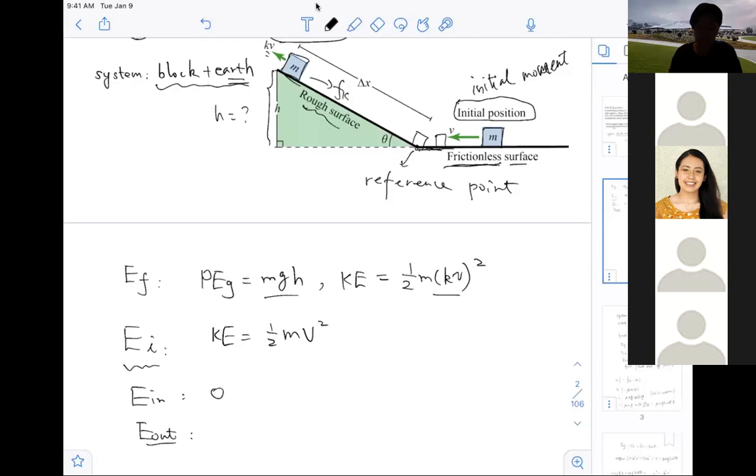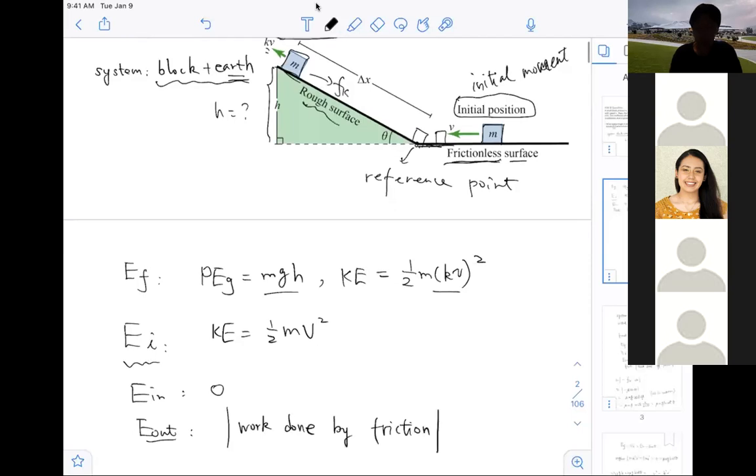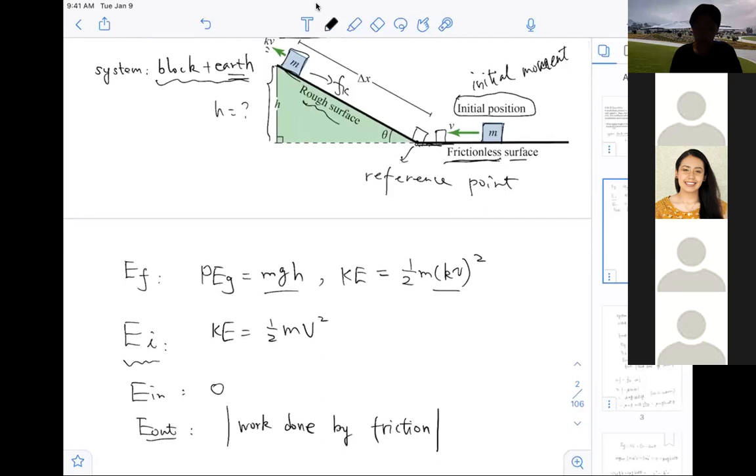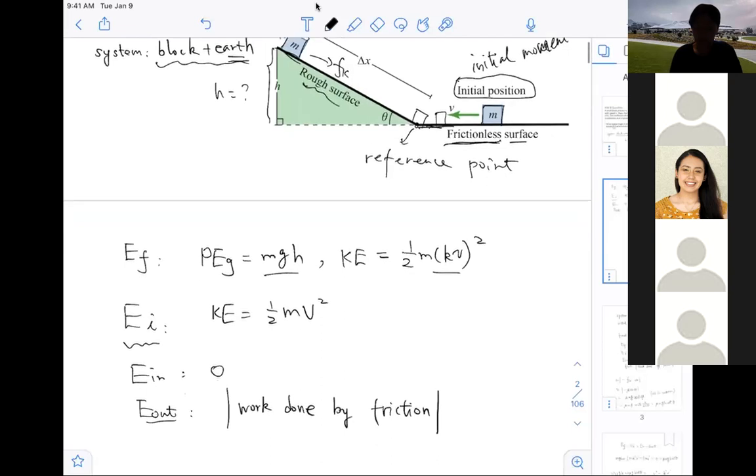So the energy output in this case will be the amount of work done by friction, and it's the absolute value of that work. We're just taking the magnitude of that work because the work done by friction is actually negative. So everything here is straightforward, except we just need to work out this term. So let's do that, okay?